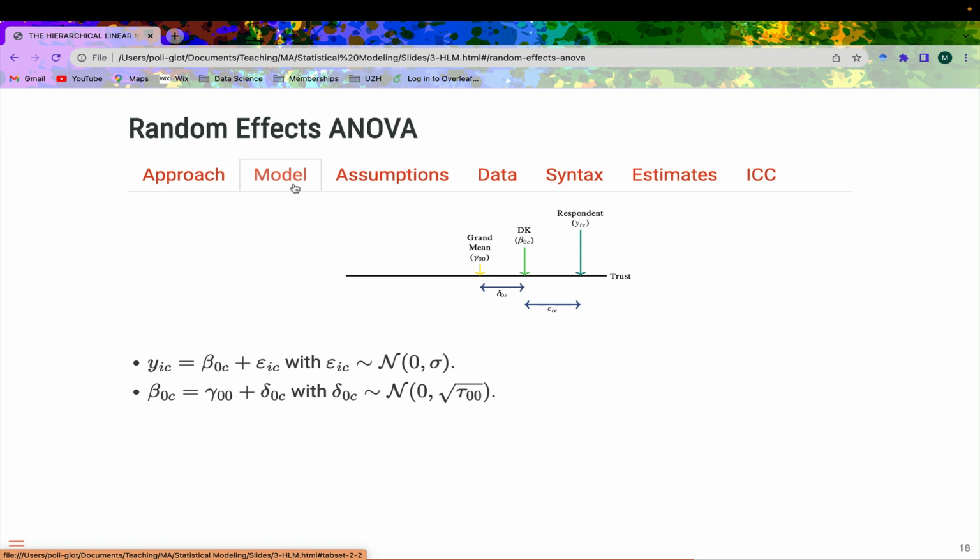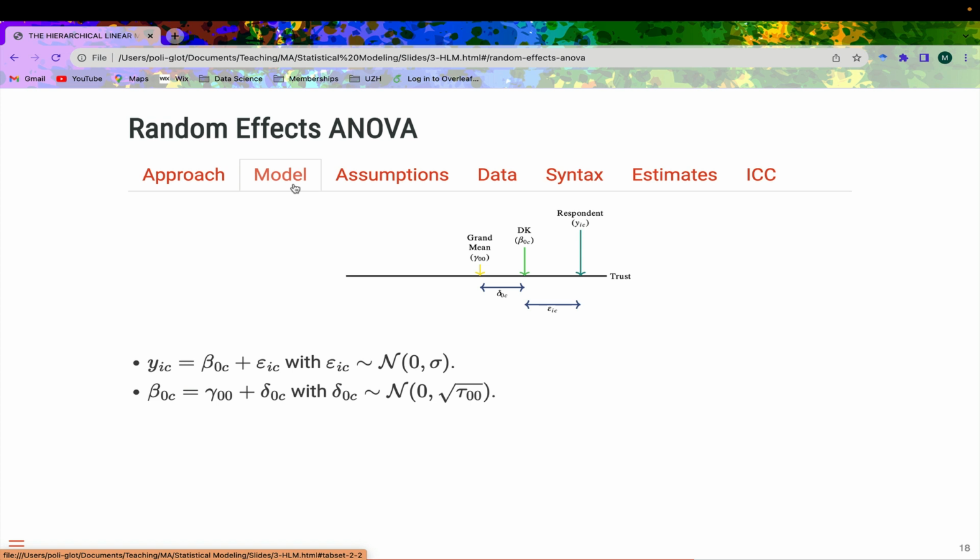So what we can do is formulate what is in this picture in terms of 2 equations, what we call a level 1 model and a level 2 model. The level 1 model here is always defined in terms of the response. So the response here is Y for individual I in country C. And we're going to say that that is equal to a mean that is specific to that country, beta 0C, plus an individual level, a respondent level deviation from that mean, which we call epsilon sub IC.